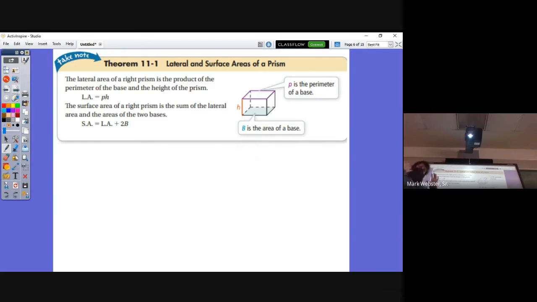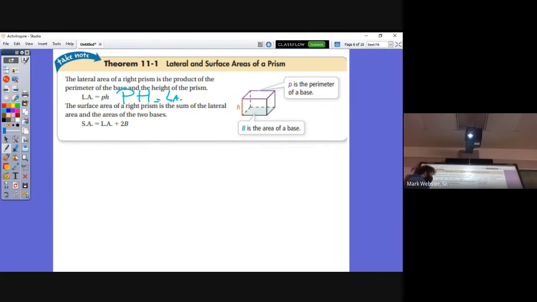What we can do is, we take the lateral part, the tube, and we take the bases and we sort of pop the bases off, put them over here for a second, and then look at the tube. And we realize after we open it up, the one dimension of what is now this big rectangle is the perimeter of the base, right? And then the other dimension is the height. So they talk about the lateral area is the perimeter times the height.